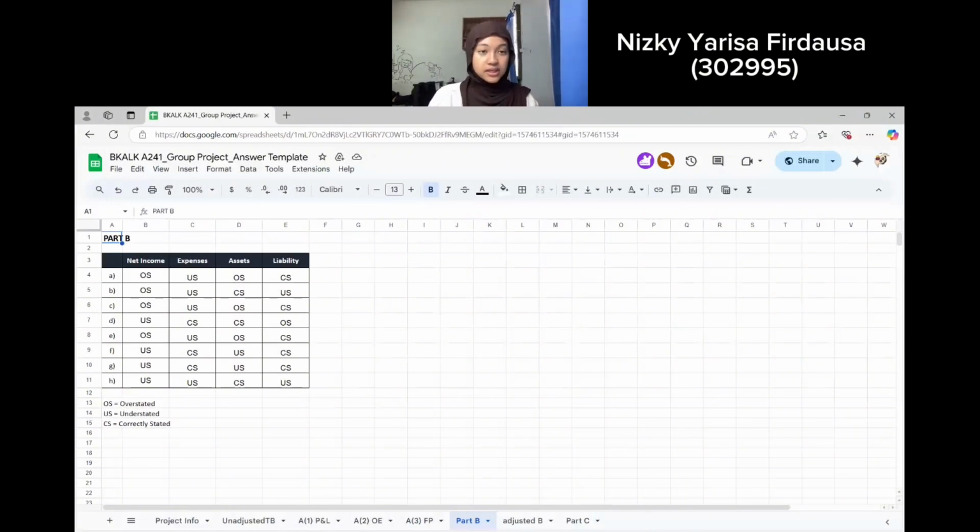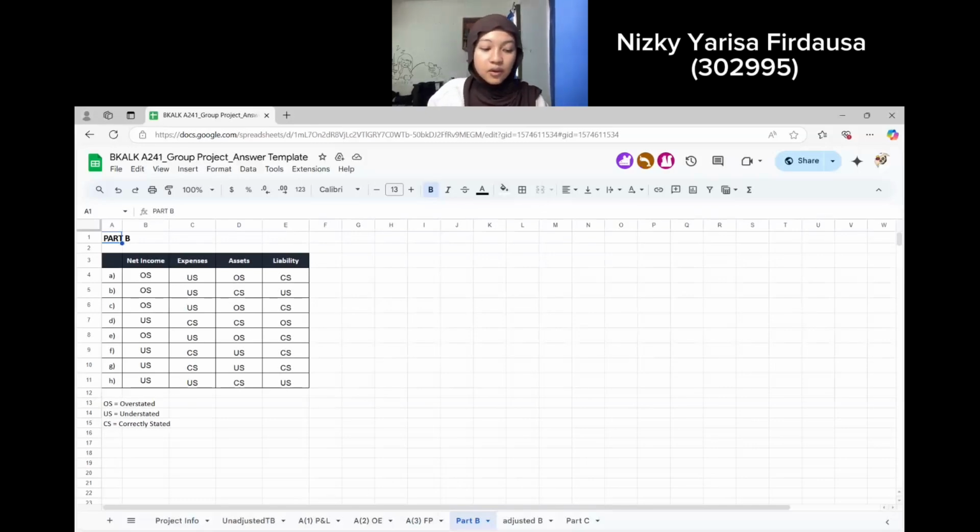So it means it's overstated by 888 ringgit for expenses. For part D, for unearned revenue the data is 42,009 ringgit, and for the actual data is 7,800 ringgit. So it means it's overstated for the liabilities.